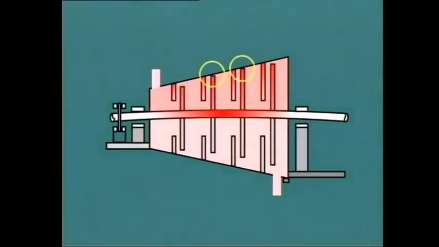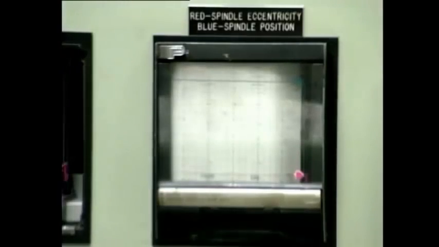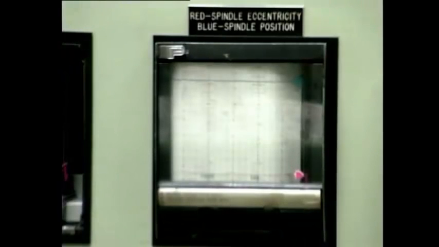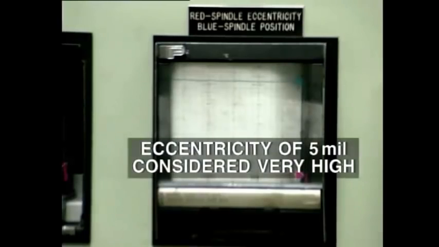Eccentricity is dangerous because it results in a reduction in radial clearance between the rotating and stationary parts. The degree of eccentricity is measured and recorded at the operator's terminal or control board. In most machines, an eccentricity of 5 mil is considered very high.